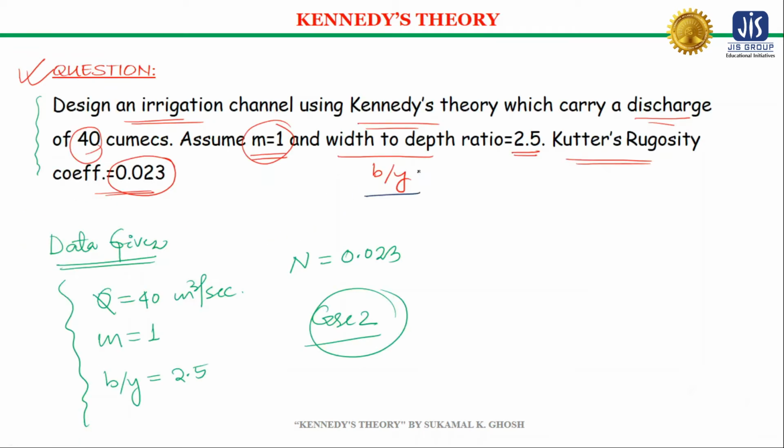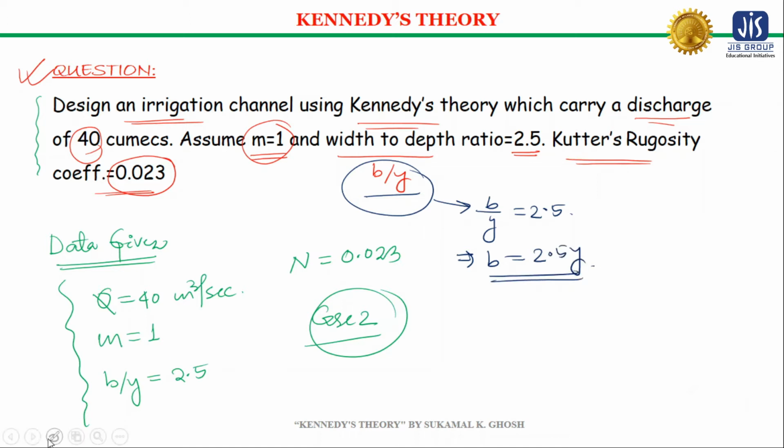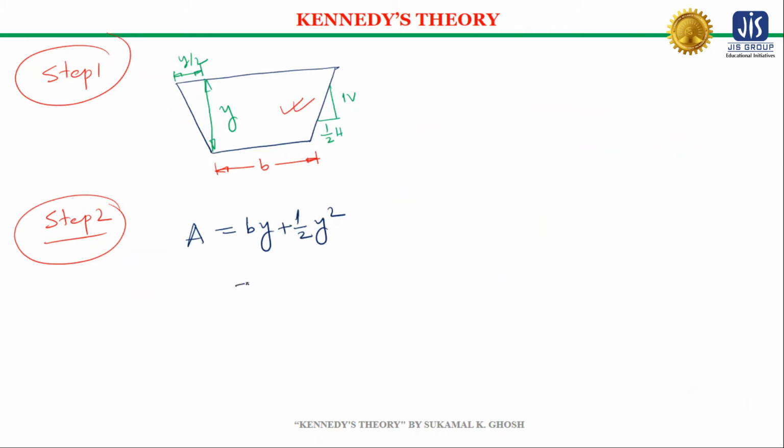Now for this particular problem the B by Y ratio is given. This B by Y is equal to 2.5, right? It means B is equal to 2.5 y. If you put it here, then you will have 2.5 y, the value of B, into y plus half of y square.